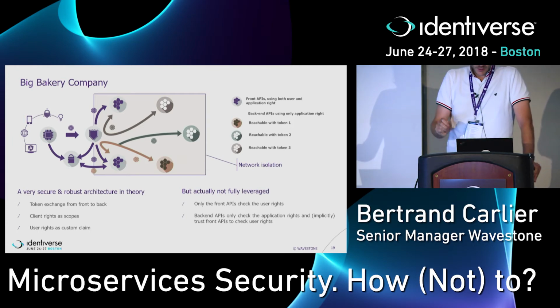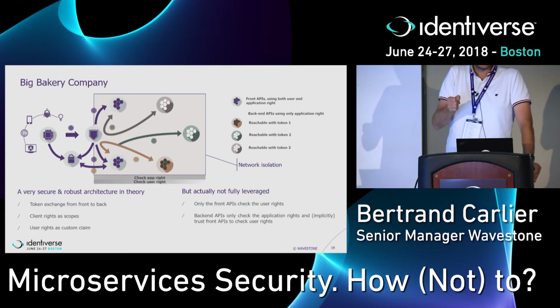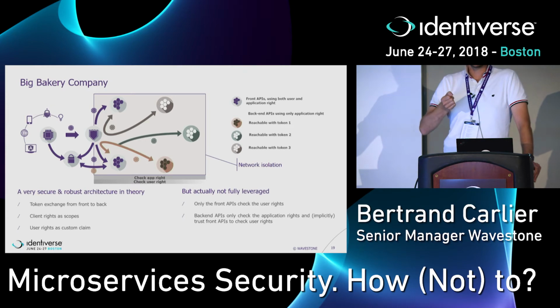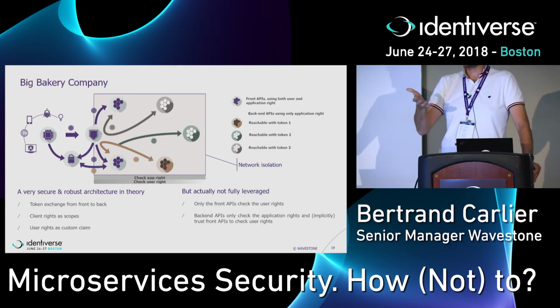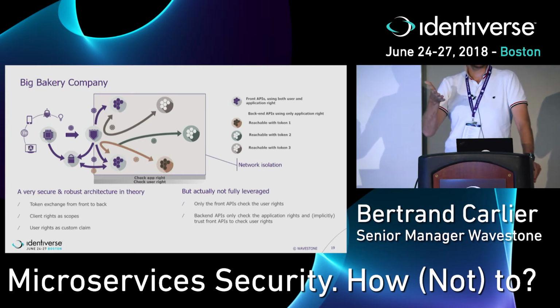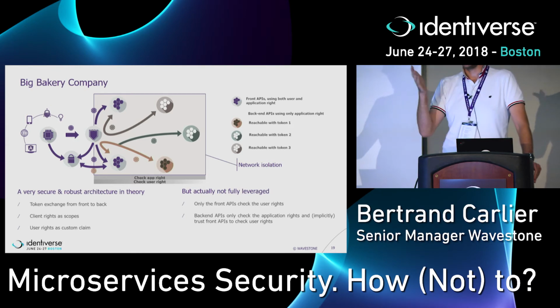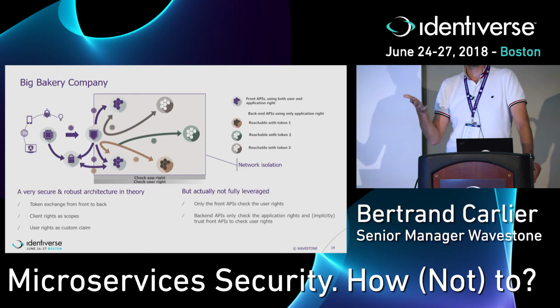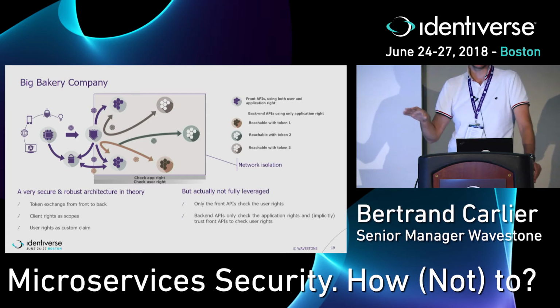What's interesting is that when we look at how developers actually leverage what we provided them, we provided them the possibility to do fine-grained authorization for both client and user at every API. Actually, they don't check user rights in the backend APIs.